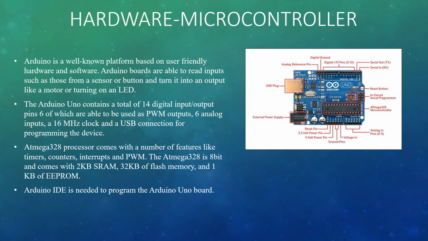It contains an Atmega 328 processor that comes with a number of features like timers, counters, interrupts, and pulse width modulation. The Atmega 328 is an 8-bit controller and comes with 2 kilobytes of SRAM, 32 kilobytes of flash memory, and 1 kilobyte of EEPROM. And it uses the Arduino IDE to program the Arduino board.